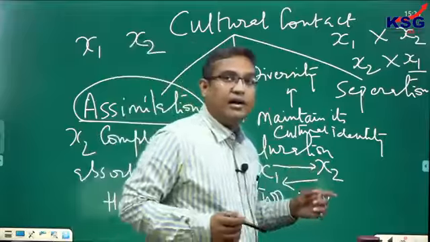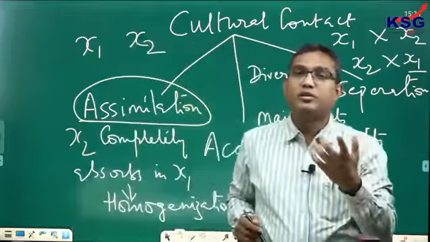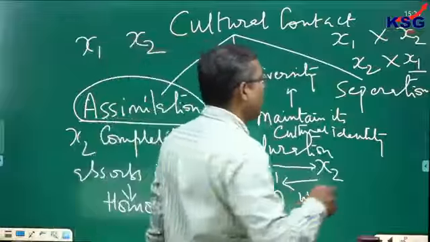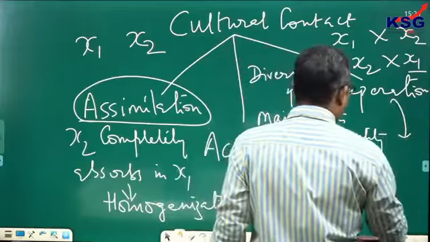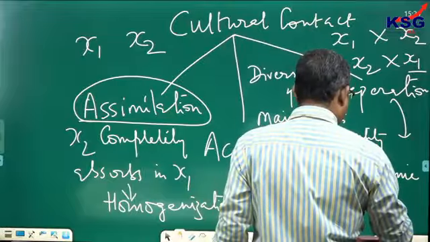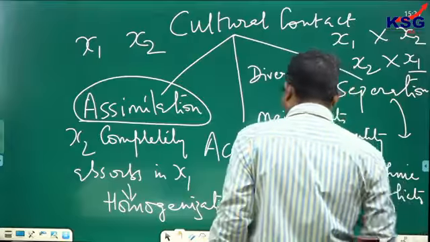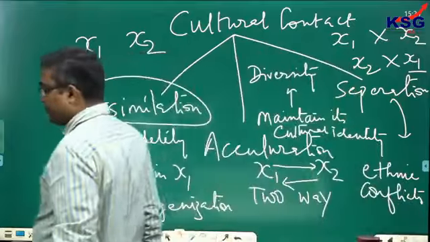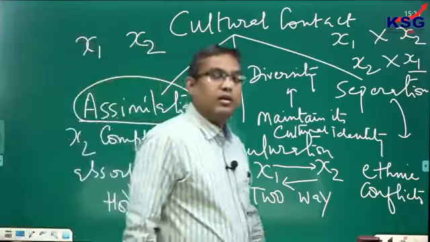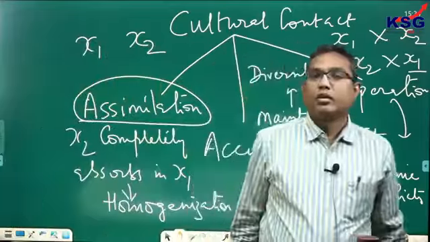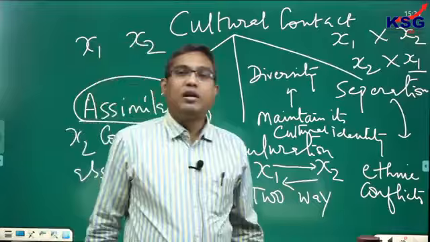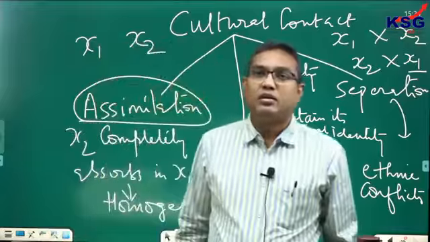And this idea that my culture is superior to your culture gives birth to ethnic conflicts. Write it down. This gives birth to ethnic conflicts. Right? Because the moment you are degrading some other's culture.